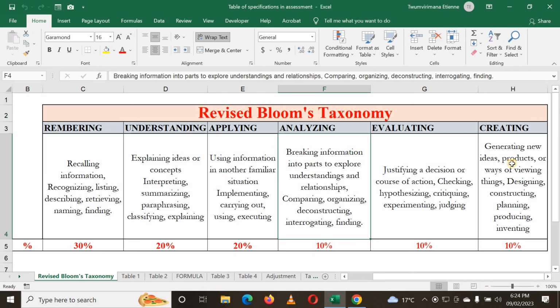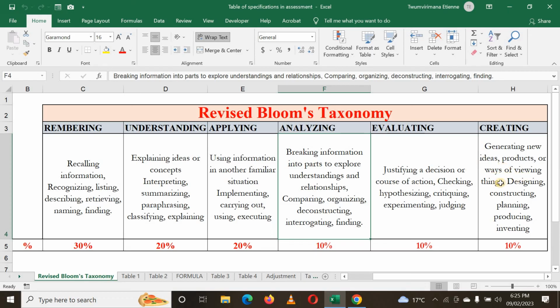Now about creating, which appears in the revised Bloom's taxonomy, we're now going to generate new ideas. Product: here we find that students are going to create new products.